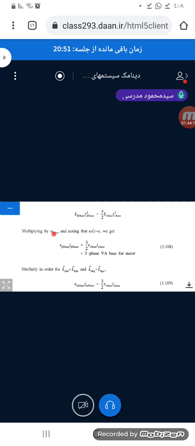Multiplying by omega base and noting that omega L i is E, we get E_FD base multiplied by I_FD base is equal to 3 divided by 2 multiplied by E_S base I_S base, that is equal to the 3-phase volt ampere base for the stator. That is a very important equation.